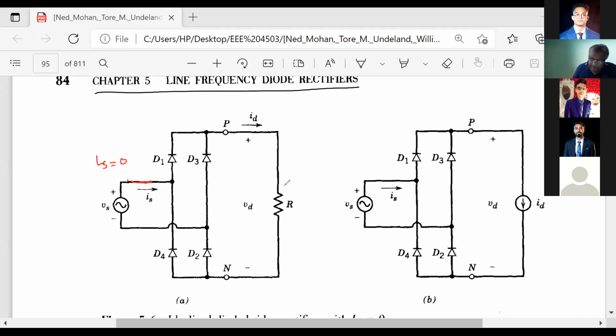Okay, so now this is the resistive load. We have already learned it. So let us draw the input voltage. This is omega T, and this is your Vs, this is your Vm.